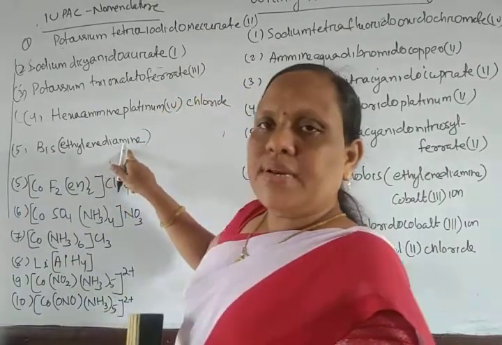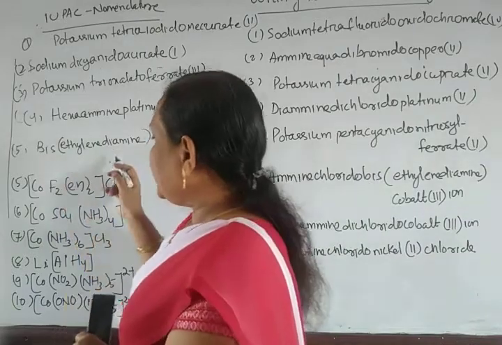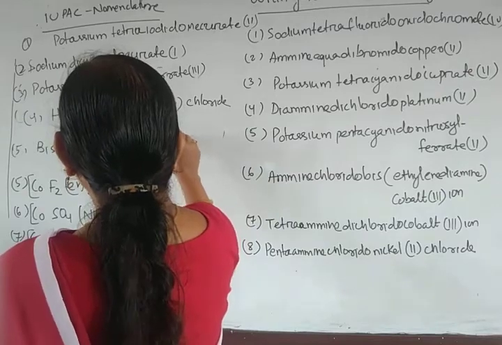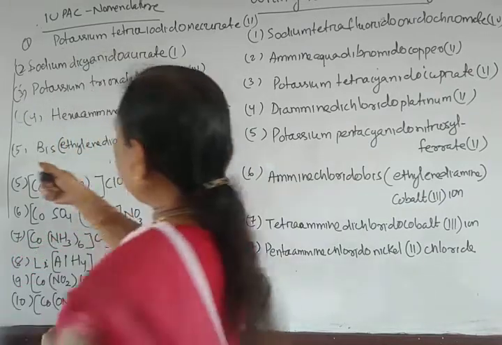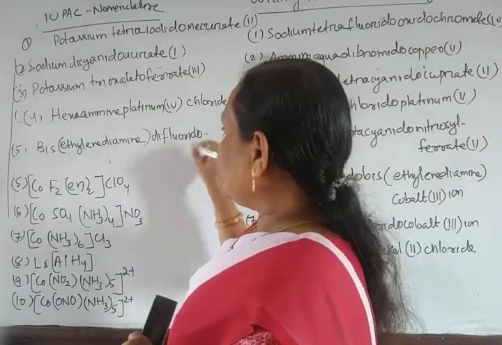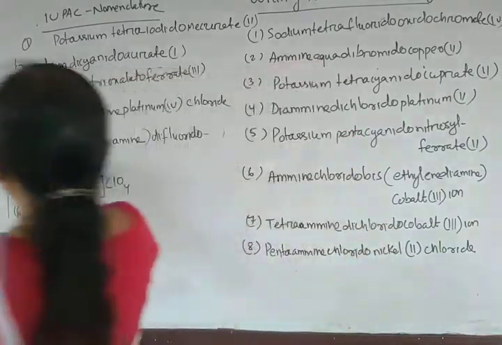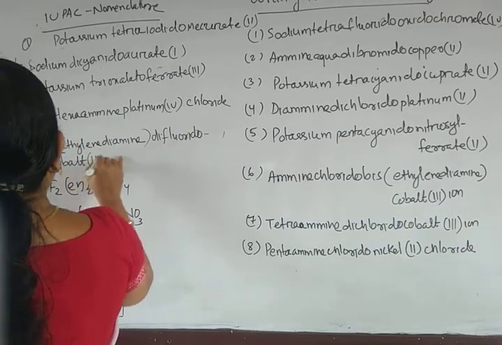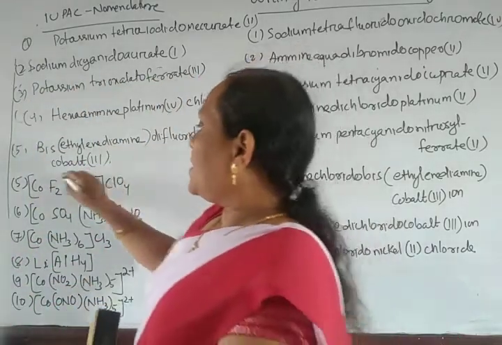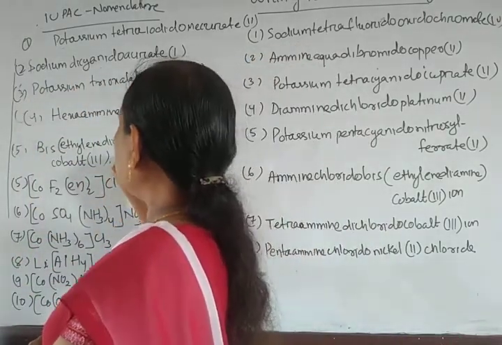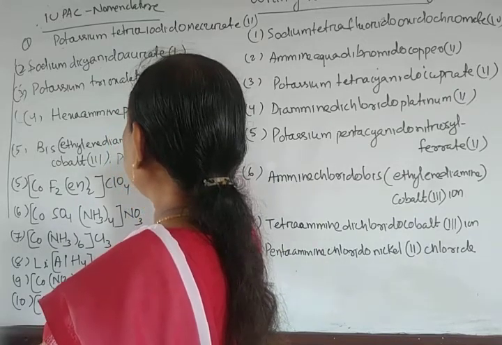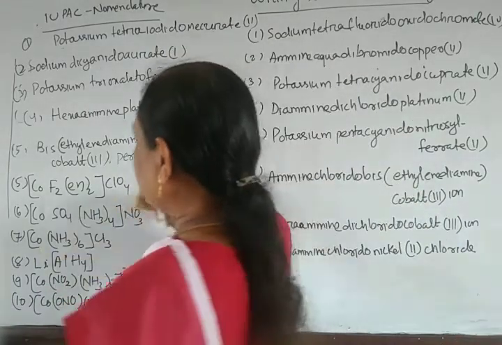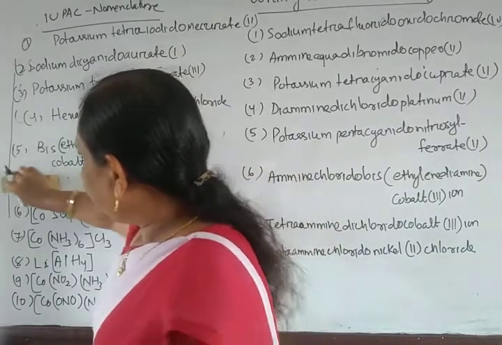Here for amine only a single name is used. Then difluorido, cobalt, and the oxidation number 3 in Roman numerals, cobalt(III), and this is perchlorate. Okay.